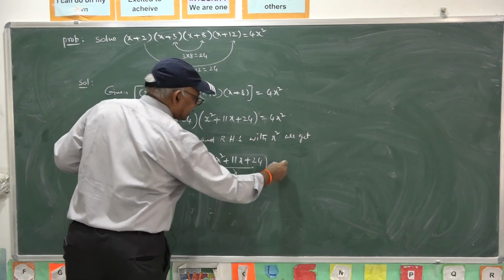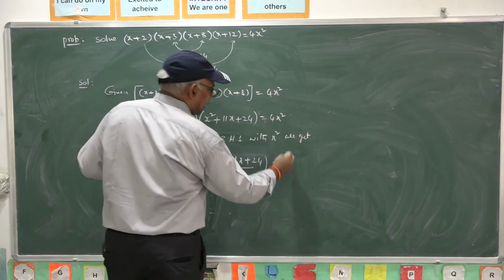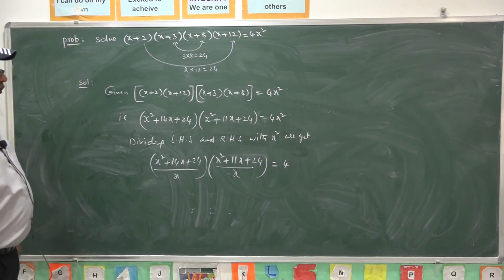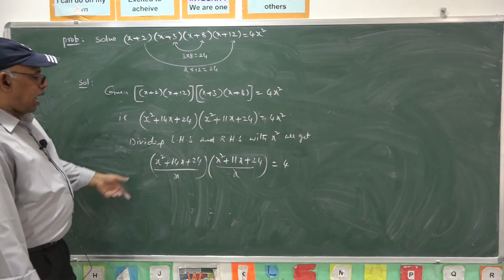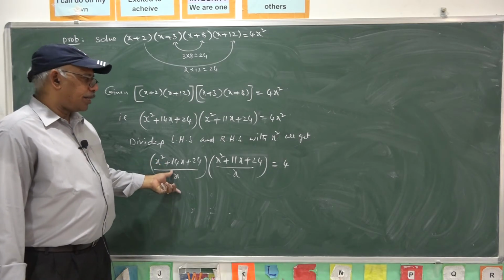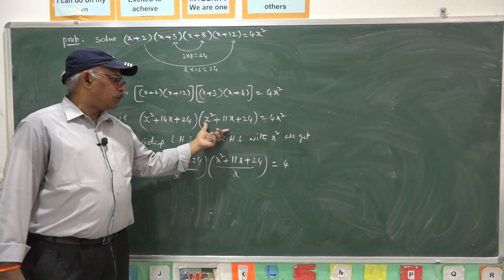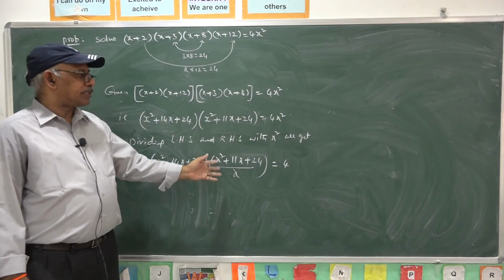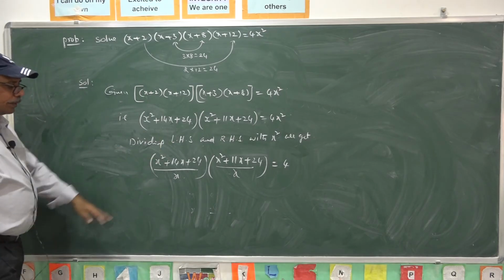Dividing the RHS with x square, we get 4 itself. So ultimately, dividing LHS and RHS with x square, we get this equation.